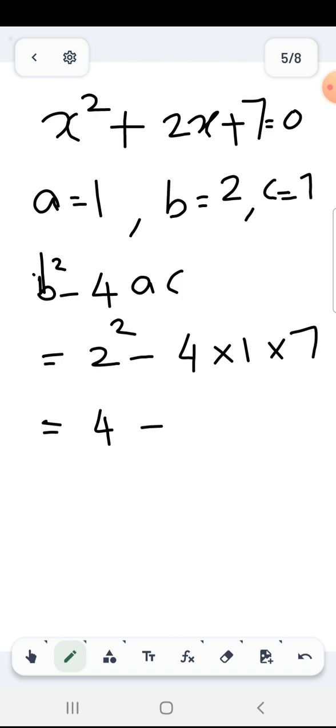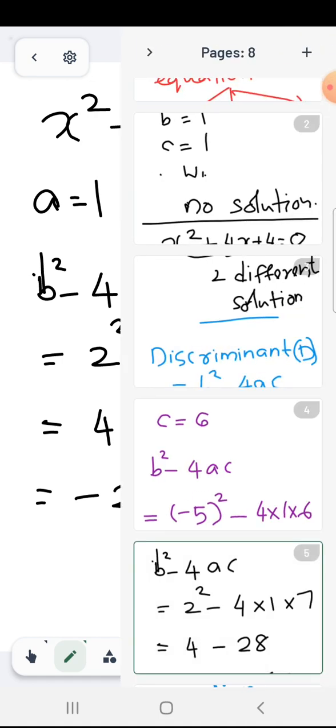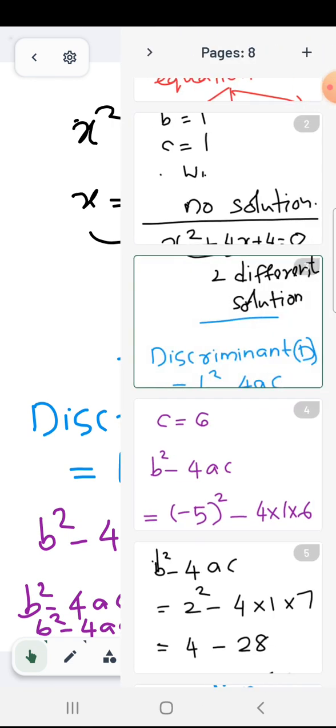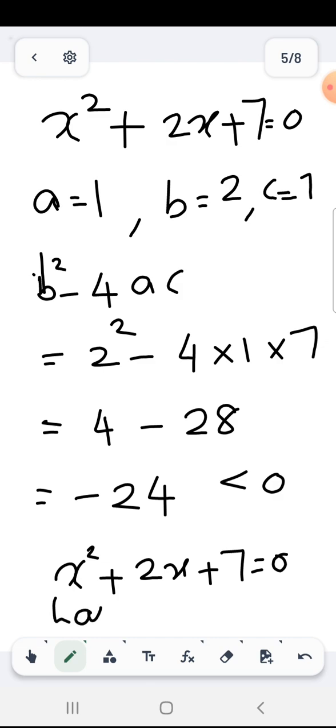When we solve, we are getting a negative answer. Negative answer means if b square minus 4ac has a negative value, that means there is no solution. So this equation will not have a solution. So x square plus 2x plus 7 equal to 0 has no solution.